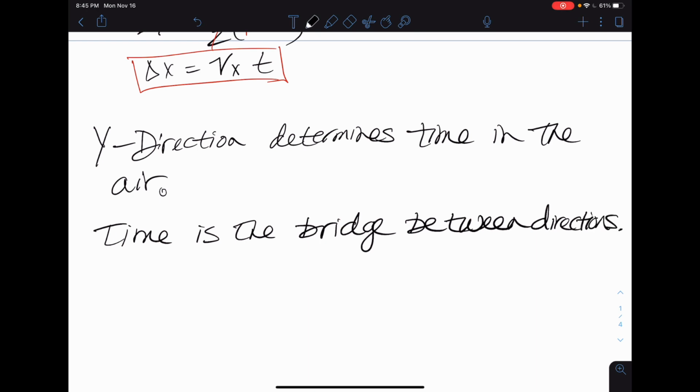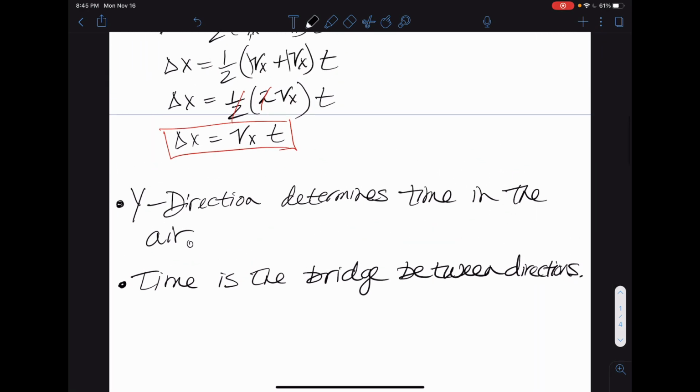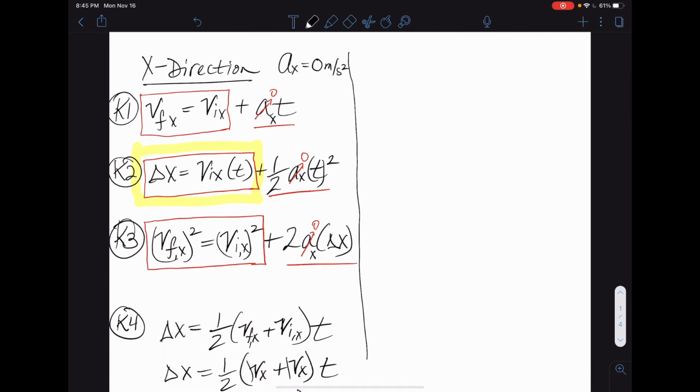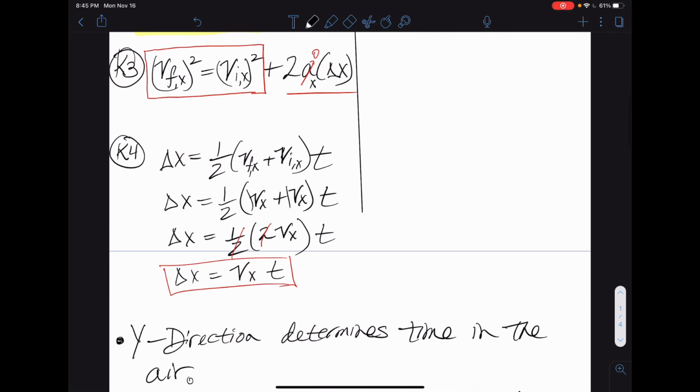All right, good deal. Okay, so these are just some major points I wanted to make. And okay, so let's go ahead and go back up here and talk about the Y direction. I may be able to fit all of this in that column there.